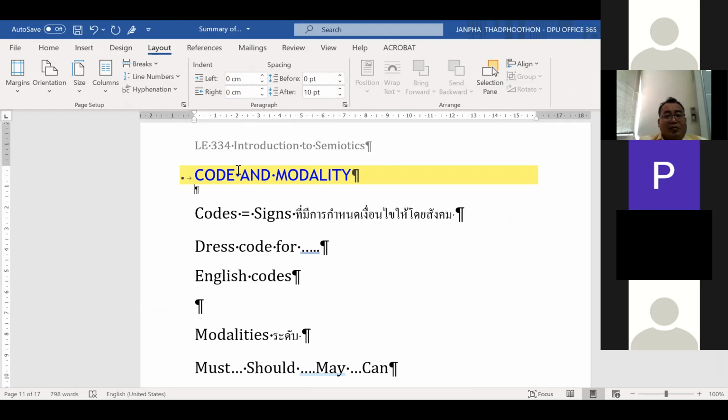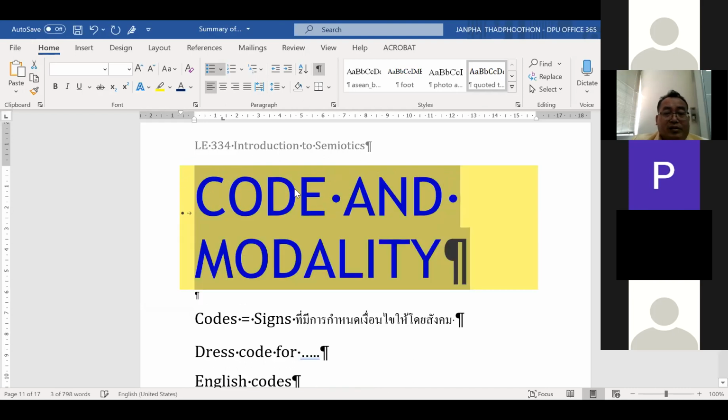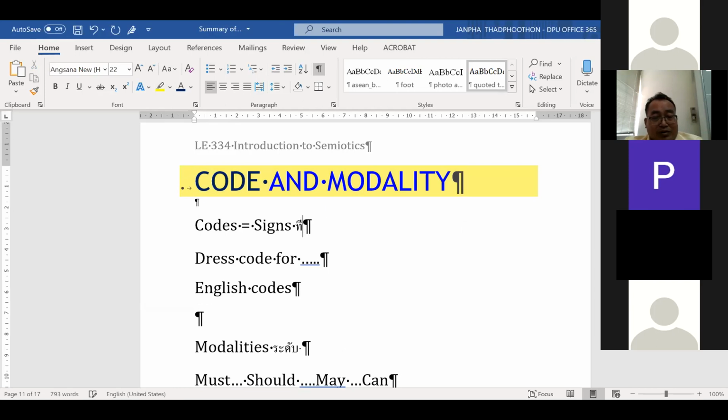Now let's look at the words code and modality. So what is a code?